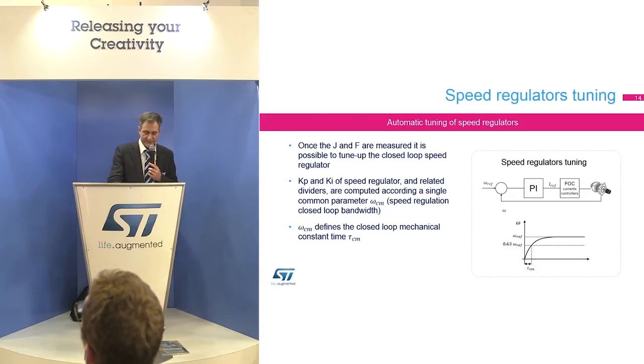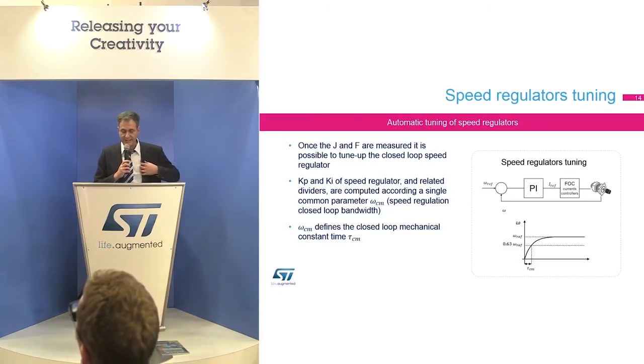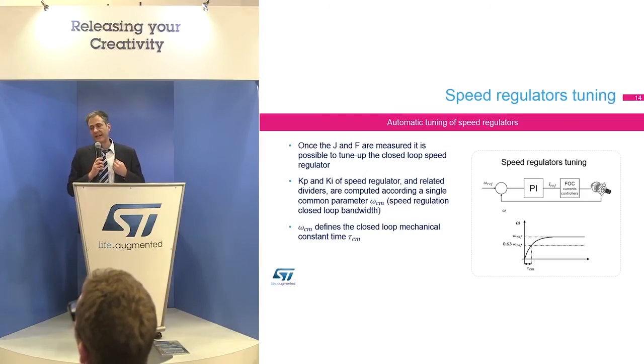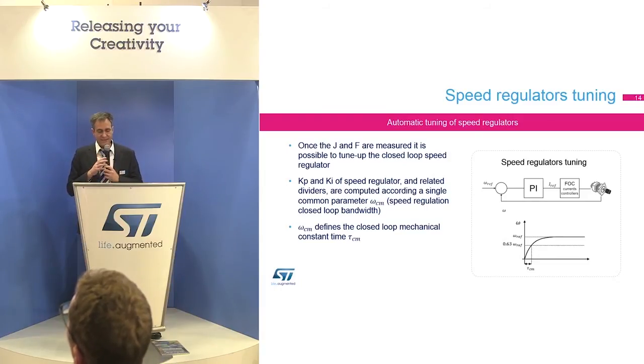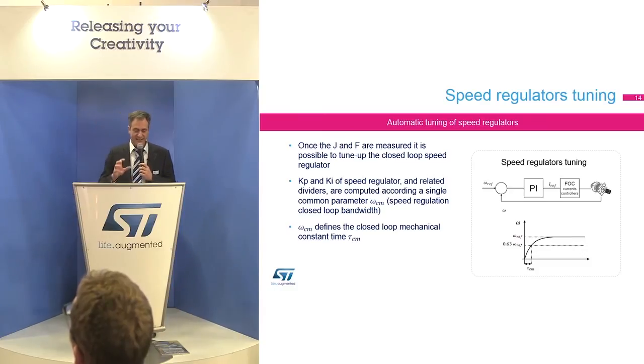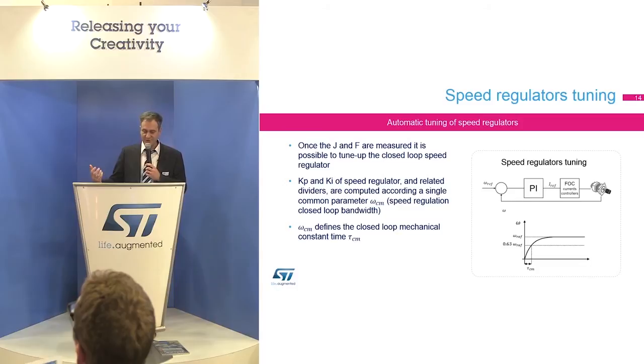And here we have the speed regulator closed loop bandwidth, which sets the bandwidth of the speed regulator. And this parameter is the one knob that we mentioned before in the previous slide. So basically, we can set here the strength of the speed controller.